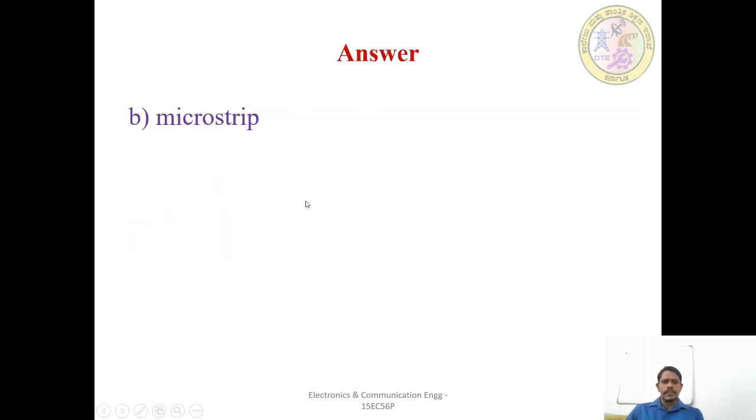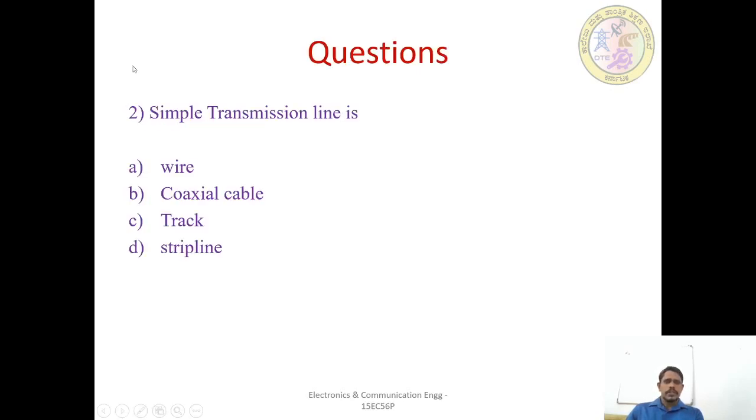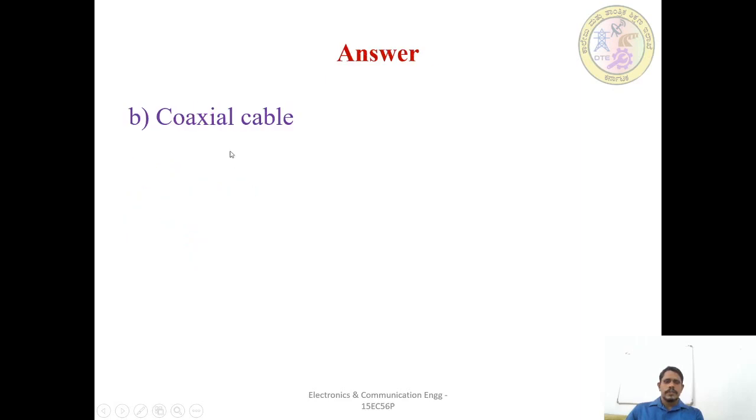Therefore, the answer is B. Microstrip is the answer. Second question. A simple transmission line is: A. Wire, B. Coaxial cable, C. Track, D. Strip line. Obviously, the answer is coaxial cable. Answer is B.